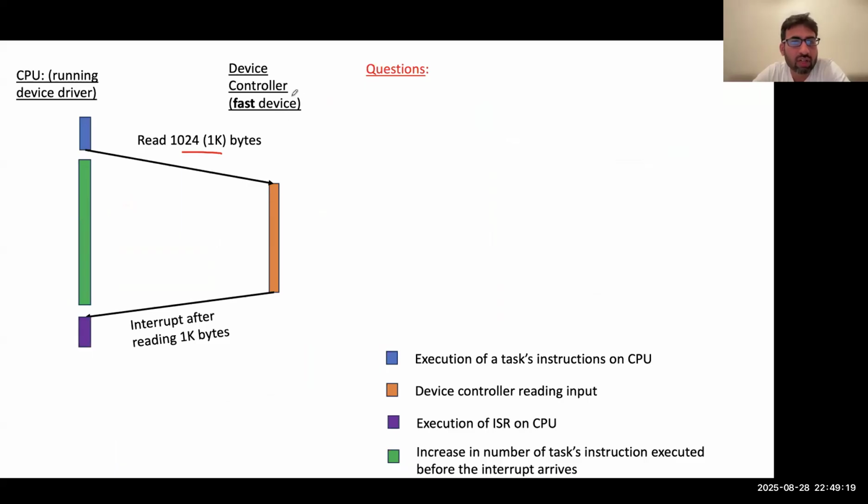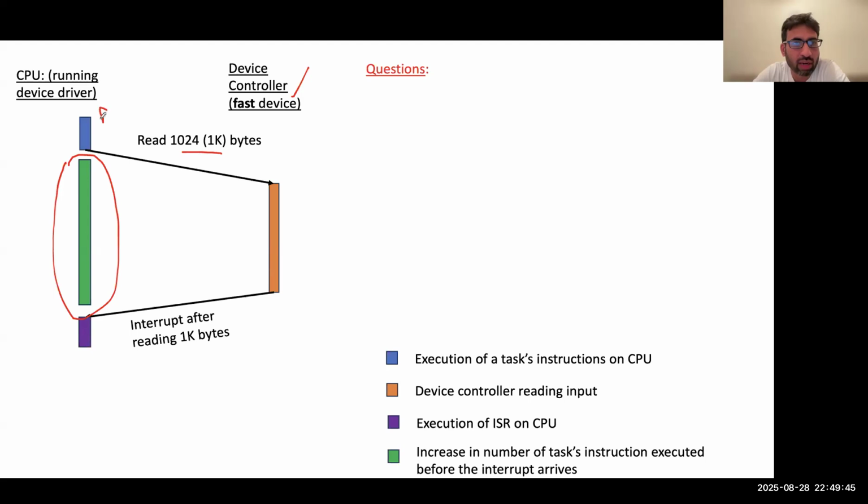So in this case, even if our device is faster, it will take comparatively more time to complete reading 1 kilobyte of data and then sending the interrupt. So now it has an opportunity. The CPU has more time while it is waiting for 1 kilobyte, so it can use that time to do some other useful work, for example, running another program.